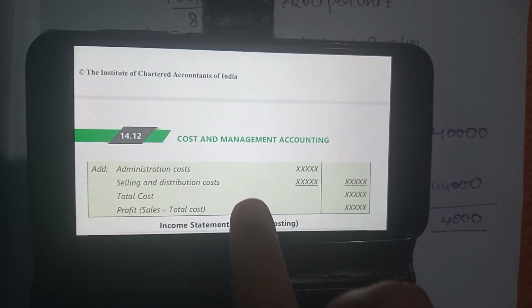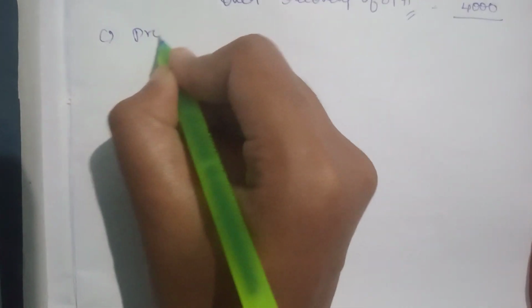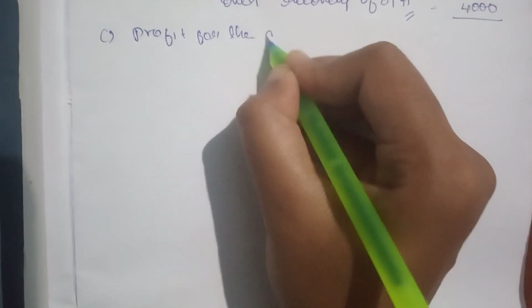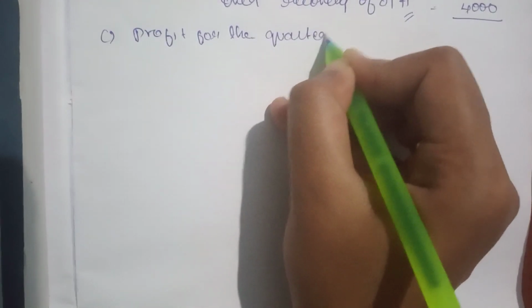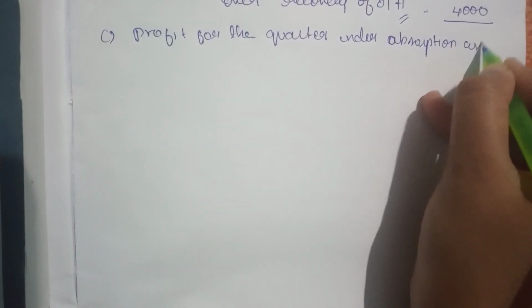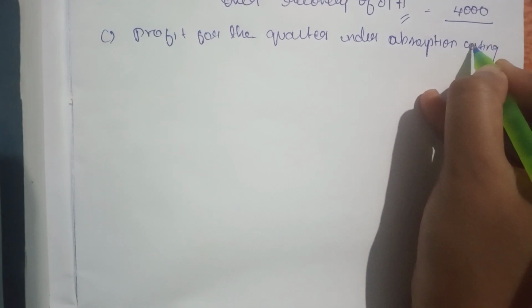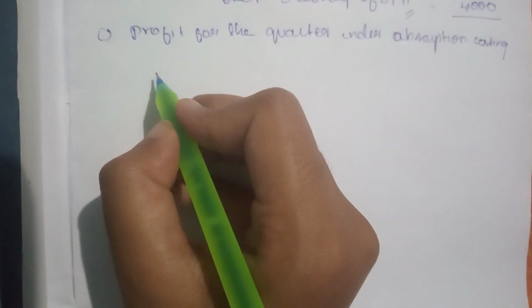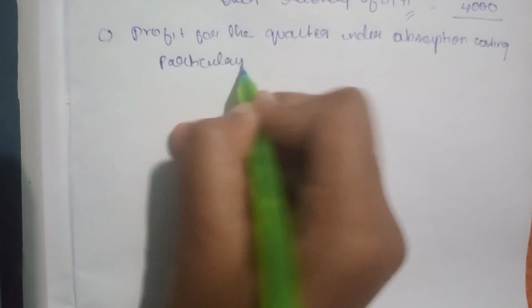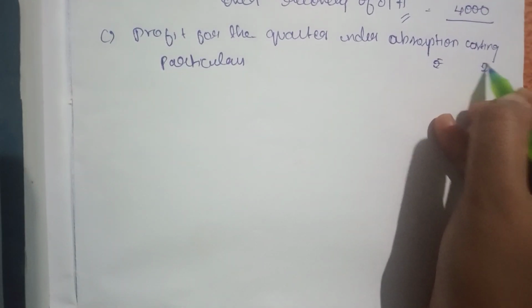Okay, let's just do that. See, profit for the quarter under absorption costing. First, particulars, rupees and rupees.